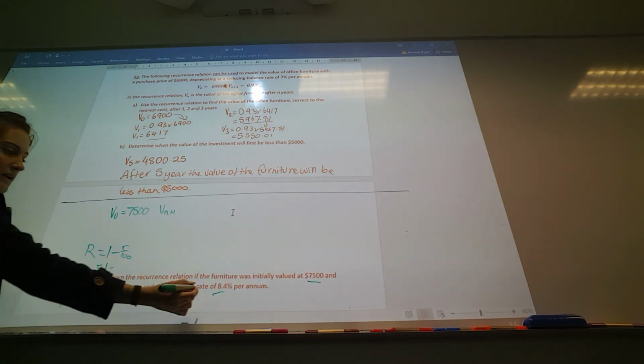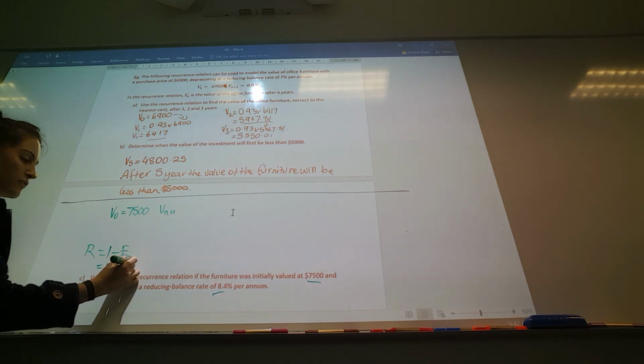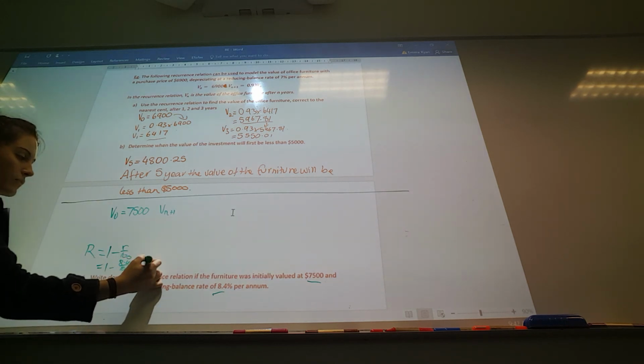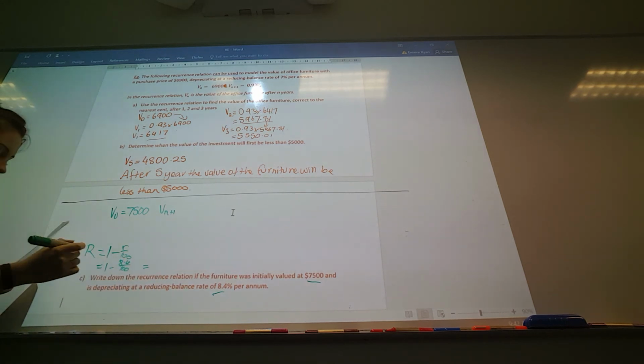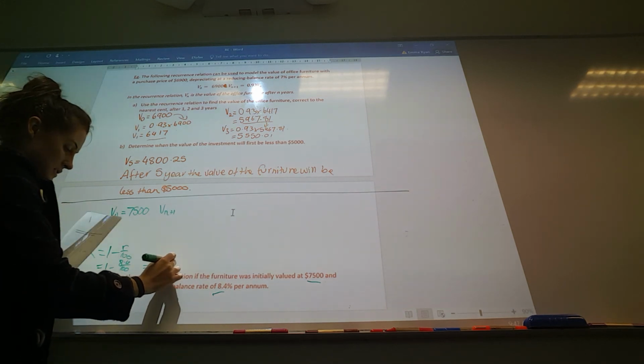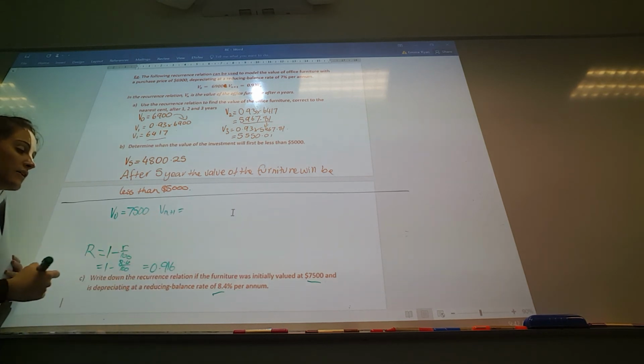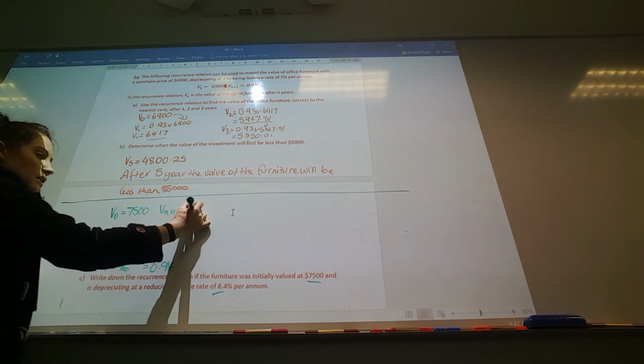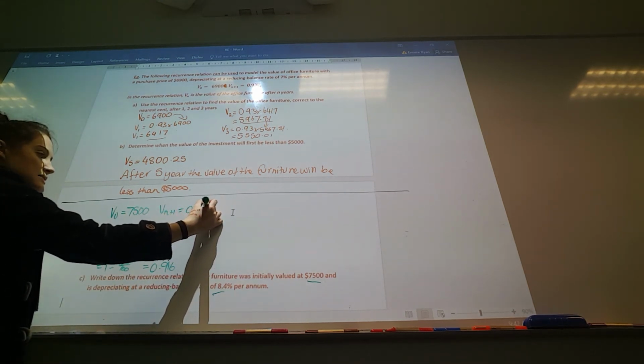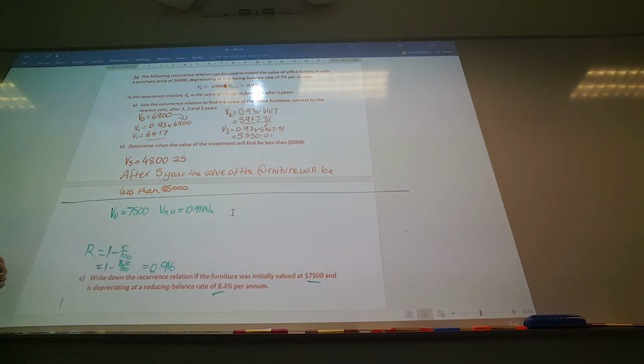So 1 take away 8.4 over 100, and that gives us 0.916. So then our recurrence relation should be Vn plus 1 equals 0.916 Vn. All good? Any questions?